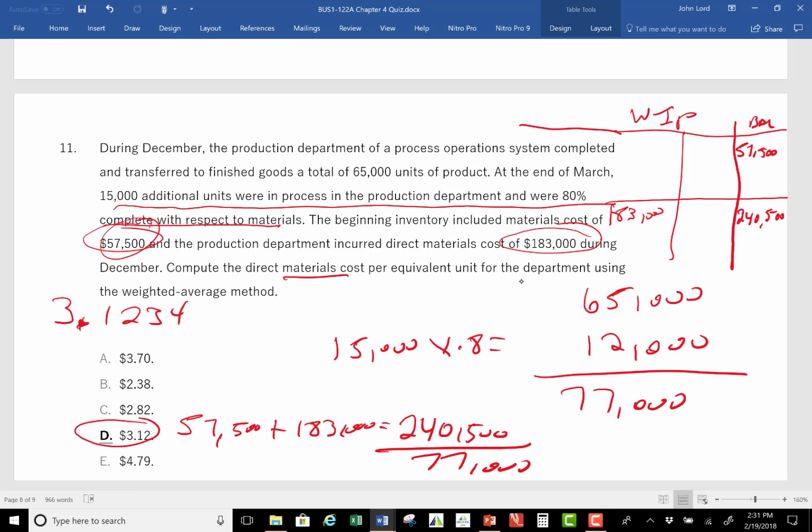Okay, good. And then I want to figure out the cost that I'm going to transfer out. Cost that I'm going to transfer out is going to be my 3.1234 times the 65,000 units that got transferred out. 3.1234 times 65,000 equals 203,021.